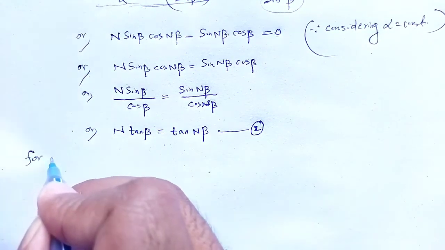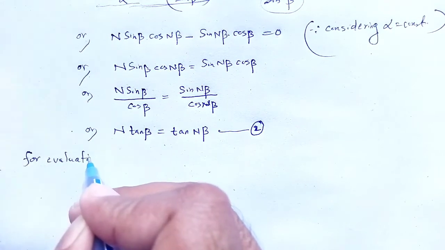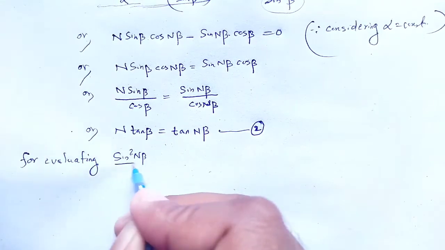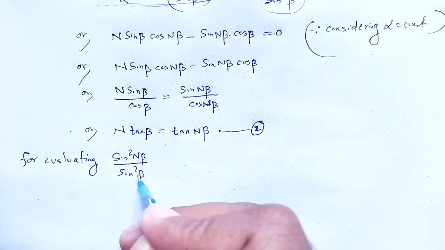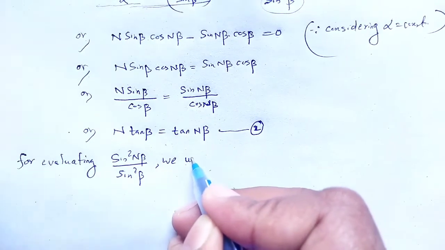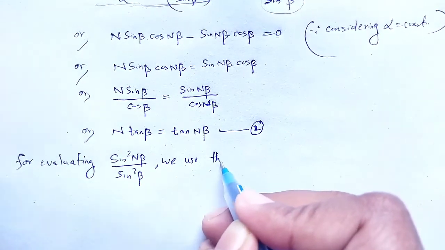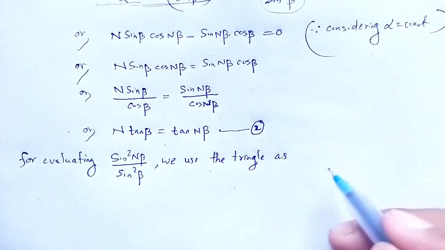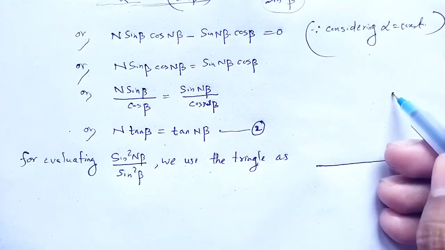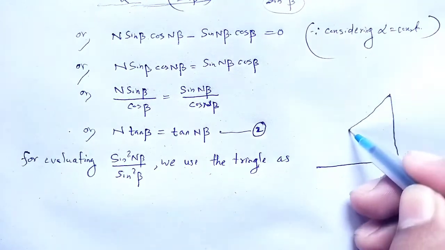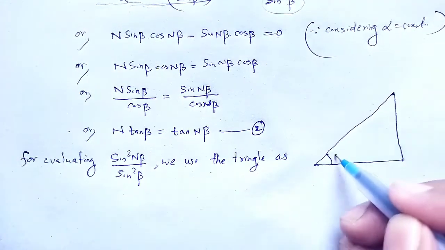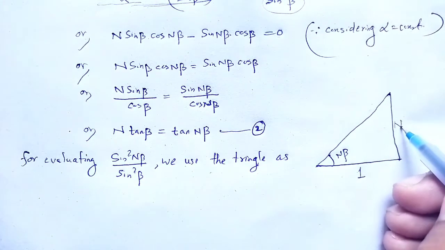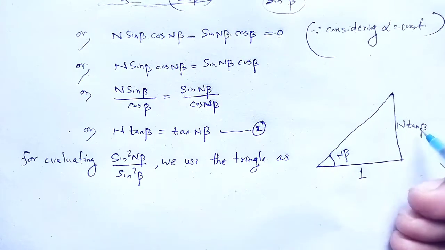For evaluating sin square n beta by sin square beta, we use a right angle triangle having the angle n beta, that side as unity, that is n tan beta.